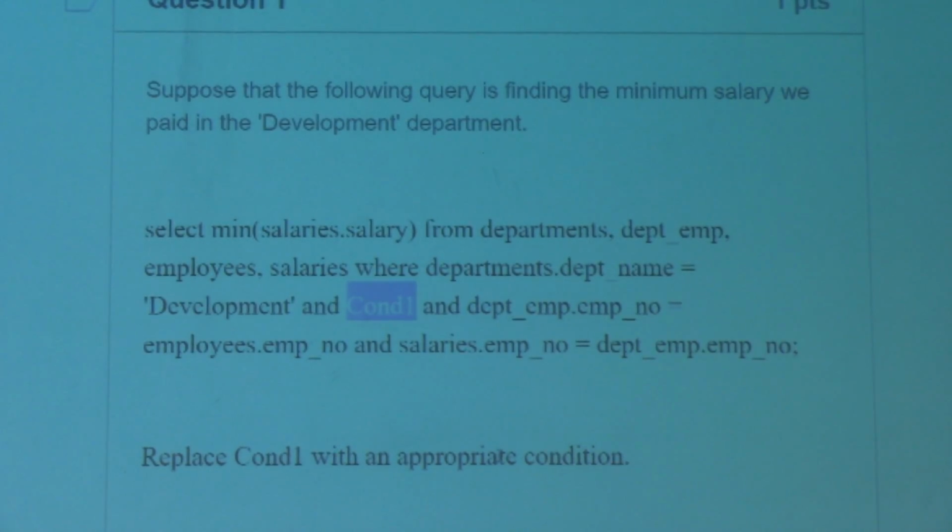Which tables are needed? Departments and department employees. So department ID is equal to department employee's department ID.